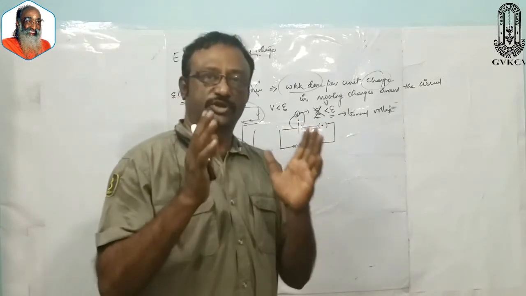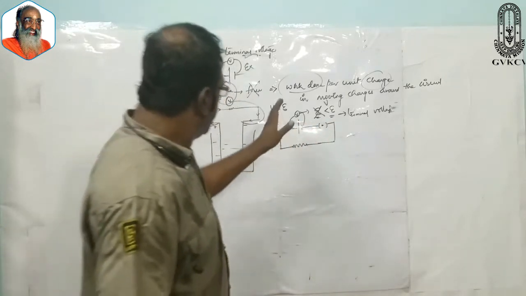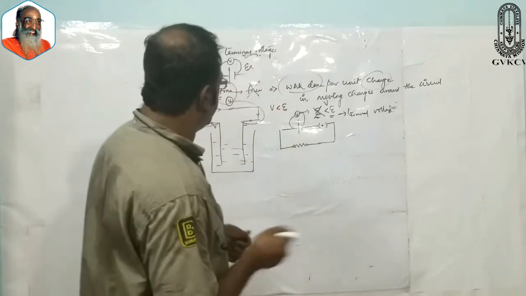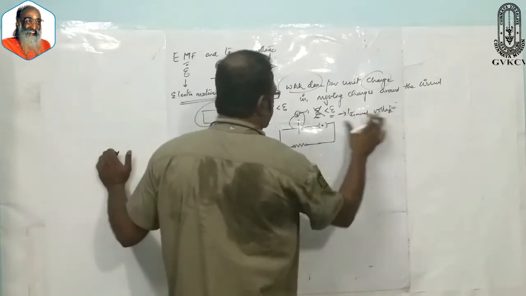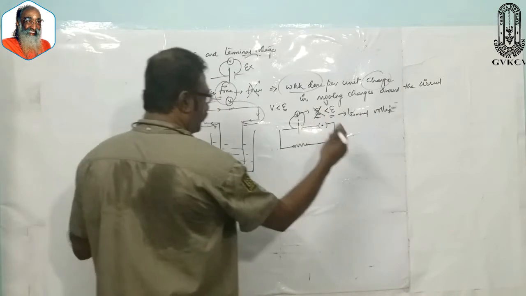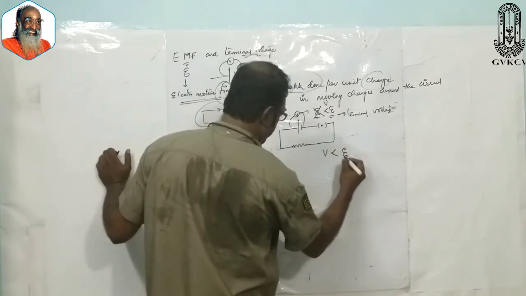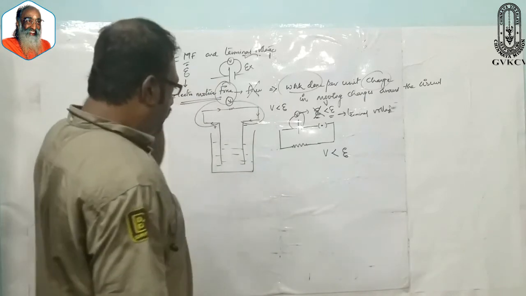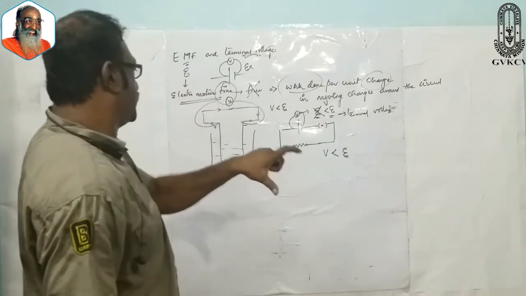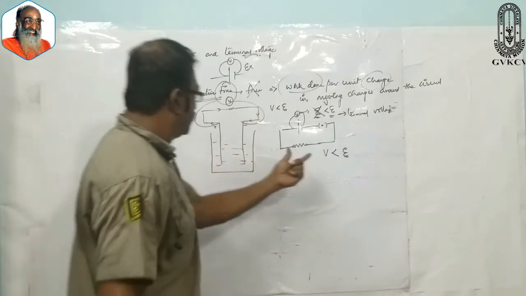So now here, we understood that terminal voltage V is less than E. And how much drop is there in that? This is saying that some value is lost, isn't it?